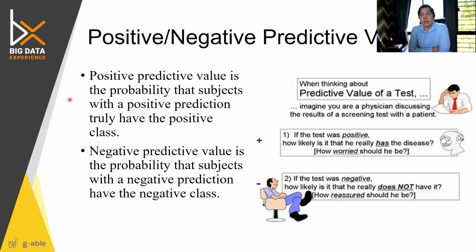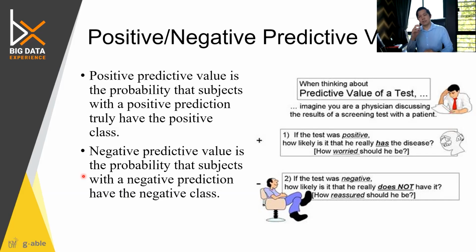It would indicate in terms of usage. Suppose the model predicts yes, should we trust the model? The higher the value, the more we should trust the positive result. Negative prediction value is, if the model is saying negative, how likely we should trust the model.